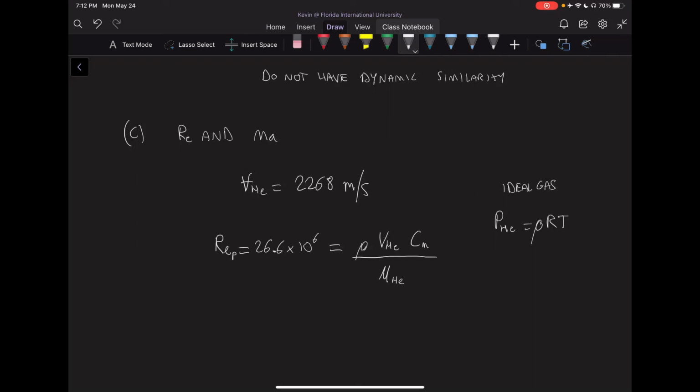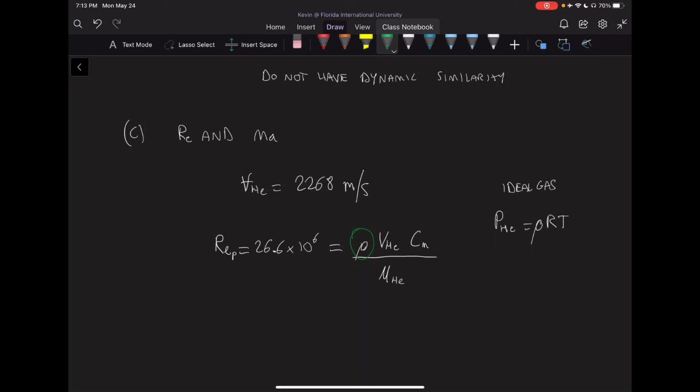So pressure is going to affect density. If we change the pressure, we might be able to achieve a new density that will allow us to have a Reynolds value of 26.6. So let's find a density that can allow us to get 26.6.